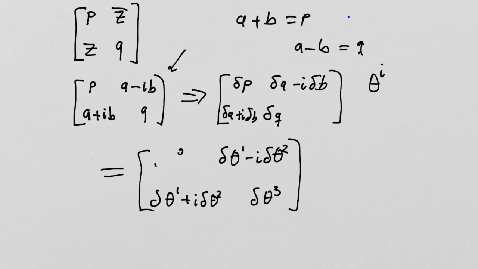We adjust those slightly. We choose different parameters, delta theta 0 plus delta theta 3 and delta theta 0 minus delta theta 3, right? And we haven't really changed anything except the form of this thing, except the structure.